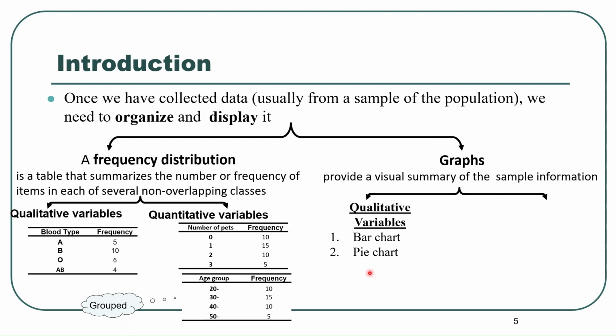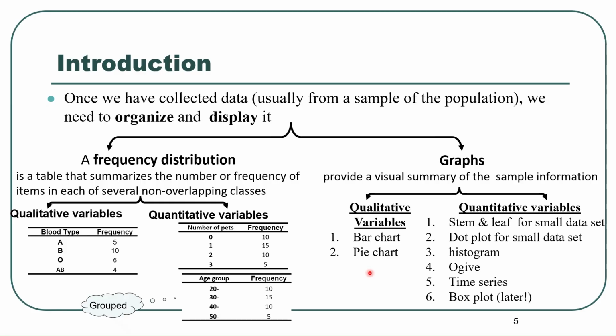And for quantitative variables, we have some other graphs: stem and leaf if your data set is small, dot plot, again if your sample size is small, histogram, ogive, time series, and later we will also talk about the box plot.